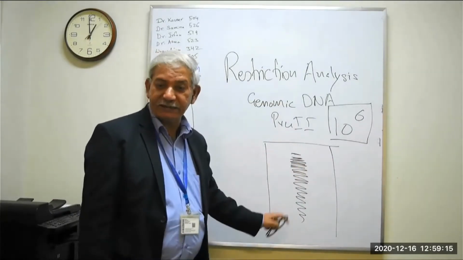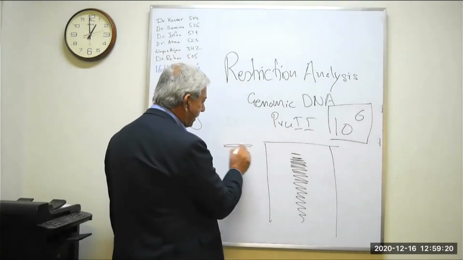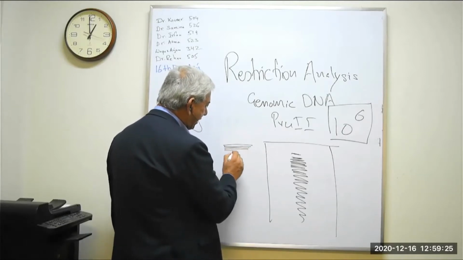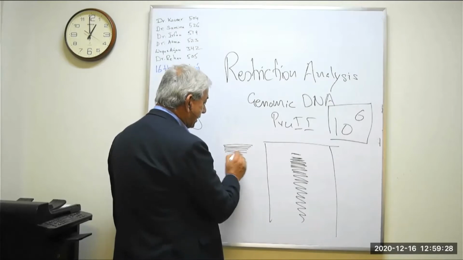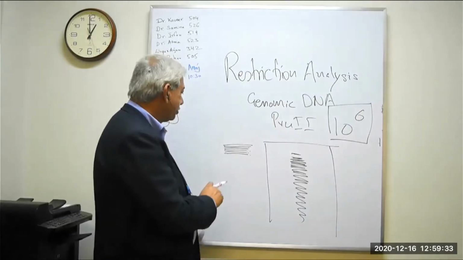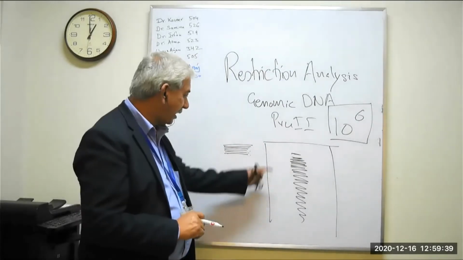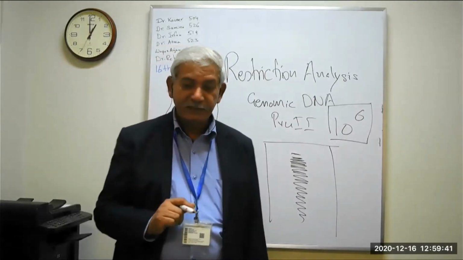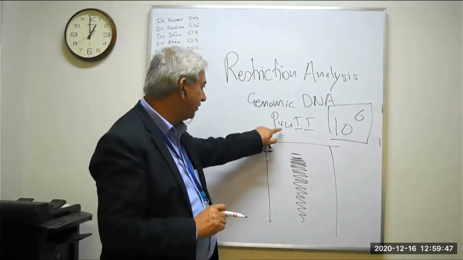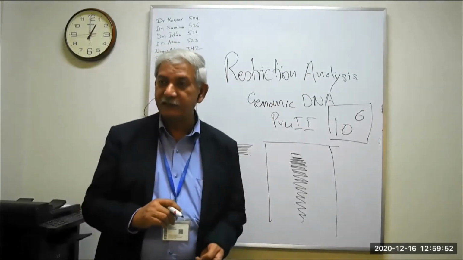And that generates nested sets of fragments which are very close in sizes, and they cannot be separated as single fragments on the gel. So they always make a smeared pattern, because of the thousands and thousands of restriction sites of this enzyme on the whole genomic DNA. And that's what we are going to realize today.